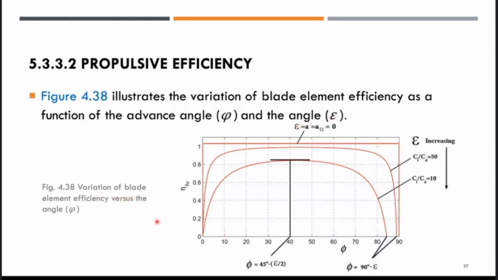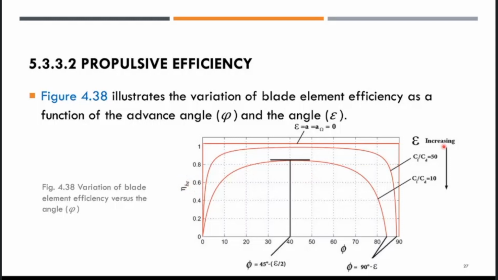So in this particular case, a variation of blade element efficiency versus the angle, you can see here at location phi equal to 45 degrees minus eta over 2, and we have that in terms of the efficiency using the blade element theory.